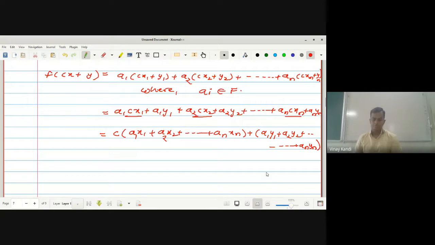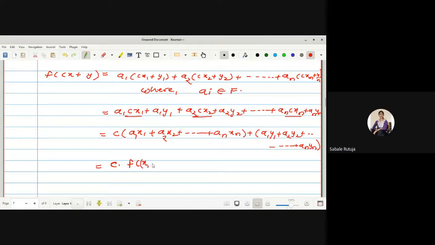Okay, now this is equal to c into, by the definition of f, this is nothing but f of (x1, x2, up to so on xn), plus this is f of (y1, y2, up to so on yn).